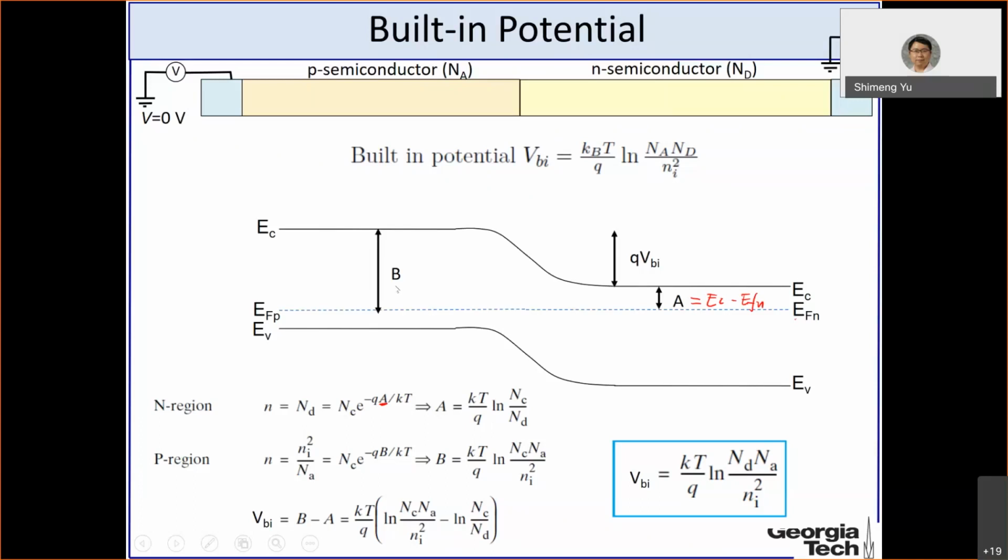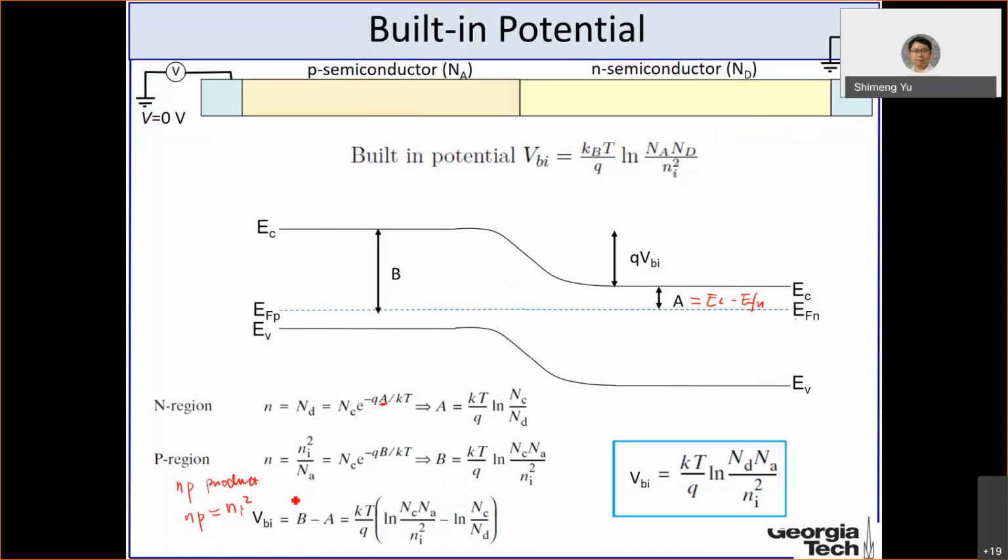B is in the p-type, but we want to get the electron density in the p-type. And you know electron is the minority in the p-type. The hole is the majority. But we can always use the np product. If you recall, np always equals ni squared. So in the p-type semiconductor, we can get n as ni squared divided by p.